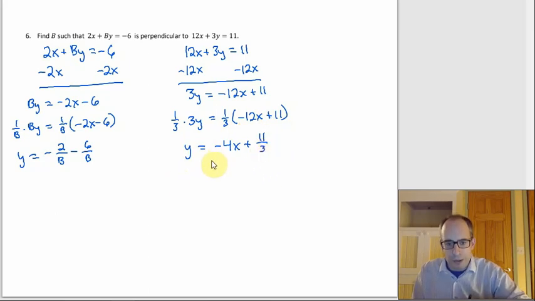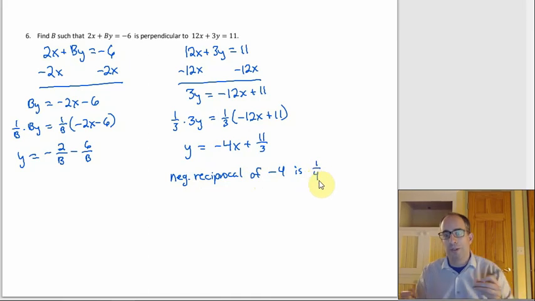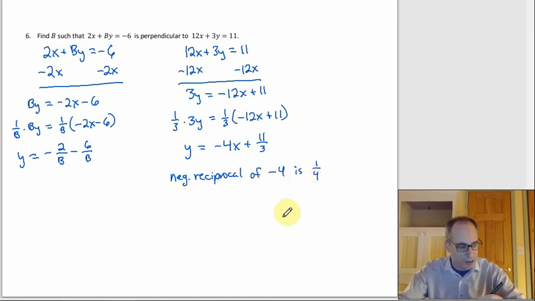All right, so then since the lines are perpendicular, we need the slope over here to be the negative reciprocal of negative 4. So the negative reciprocal of negative 4 is going to be positive 1/4, right? Reciprocal of 4 is 1/4, right? And then we got to make sure we're switching signs here.